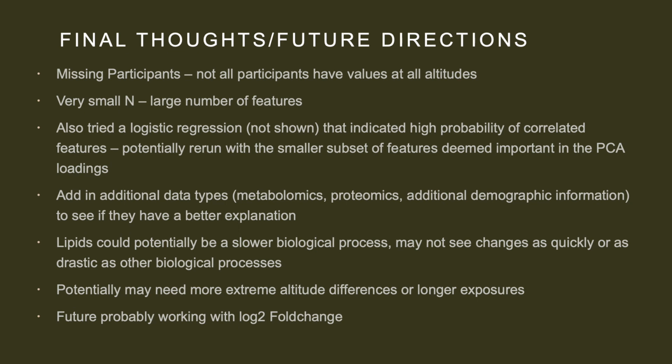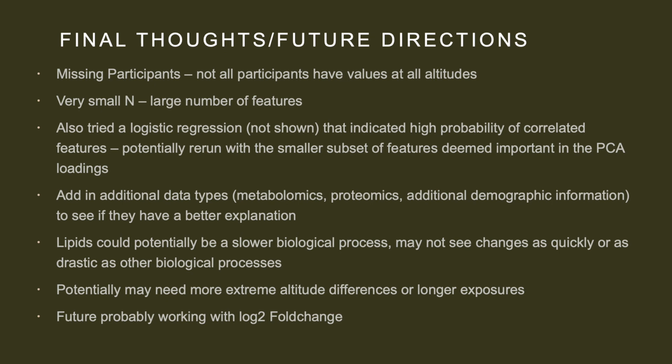Additionally, moving forward, like I mentioned in the beginning, there were several different data streams coming from this project. There were other things like metabolomics, proteomics, and a little bit of demographic information. I feel like moving forward, adding in those other data streams or looking at those data streams separately, like I did here with the lipids, would probably add valuable input.